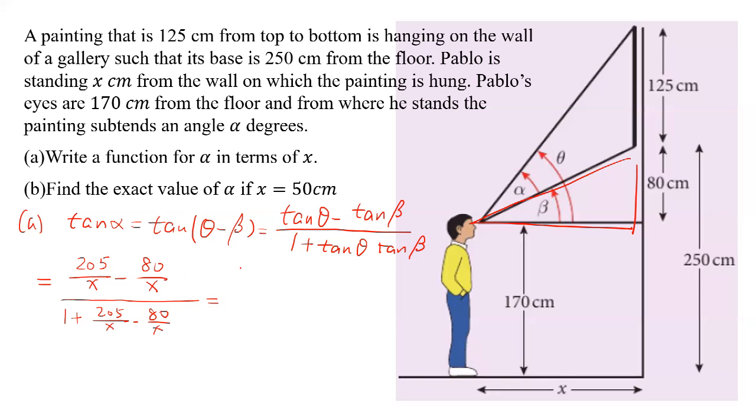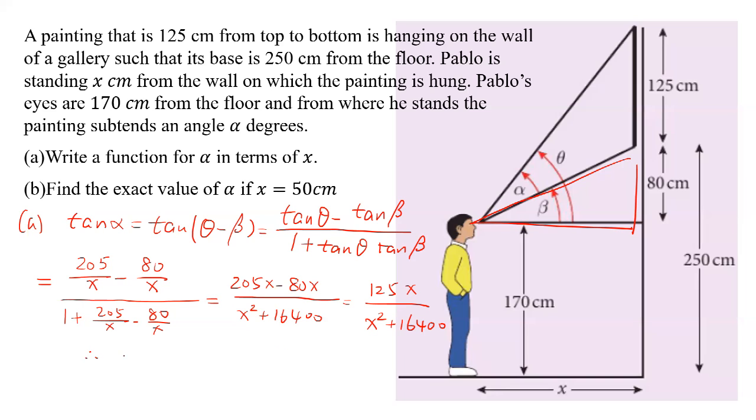And then we can simplify this expression to 205x minus 80x over x squared plus 16400, which can be further simplified to 125x over x squared plus 16400, right?